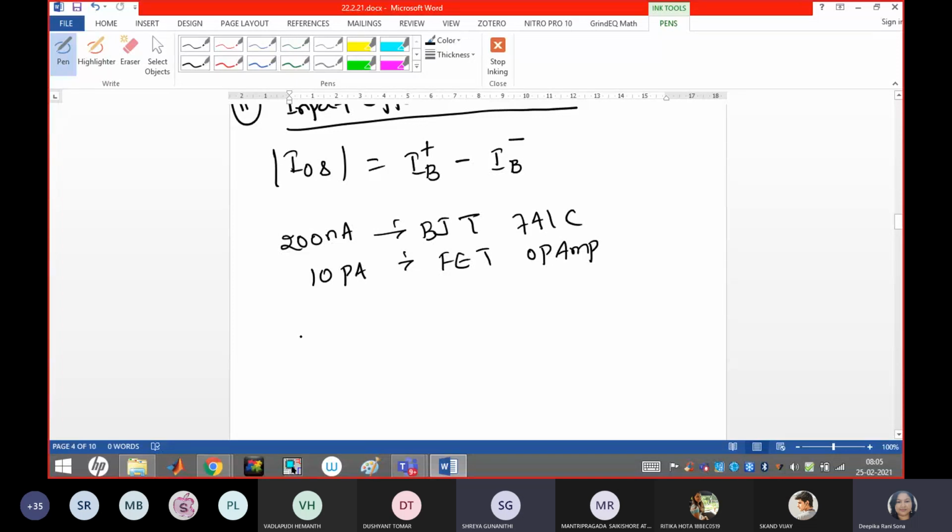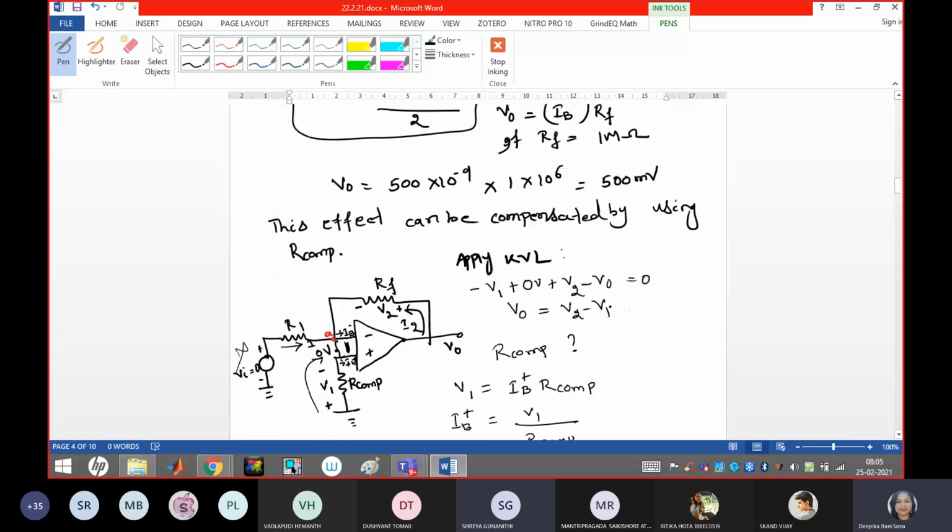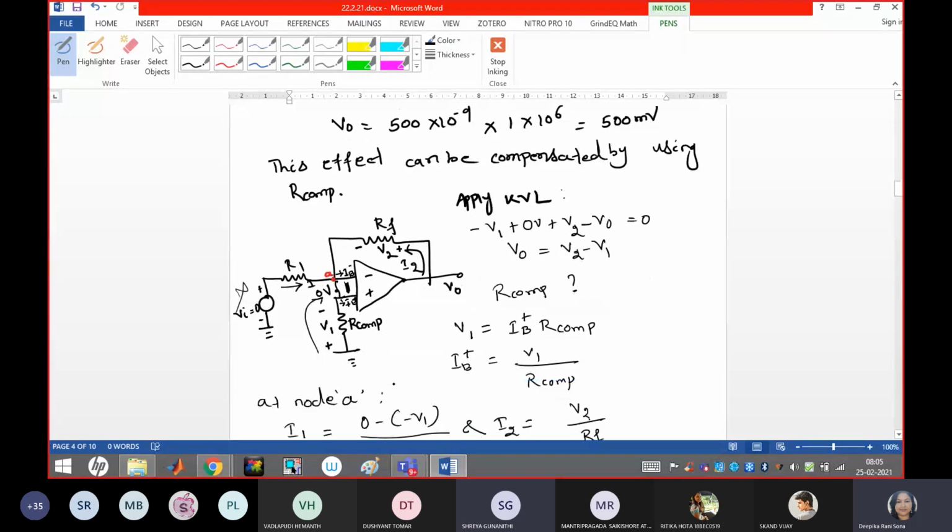So from the previous figure, as I showed you, V1 can be written as IB plus into R comp. Guys, if you have drawn your figure, please refer to that. It is just the previous figure only. Here we had V1 and this is R comp, and I'm representing IB plus at this node.